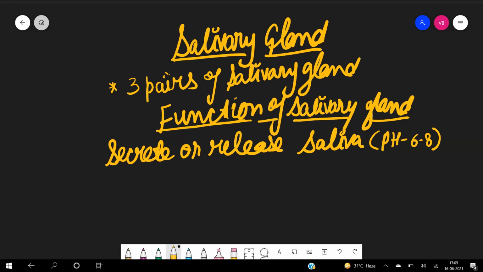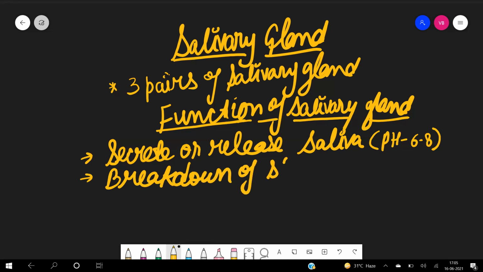The salivary glands secrete the saliva which helps in the breakdown of starch. The starch will be broken down into maltose, and due to the breakdown of the starch, the food taste will be sweet.